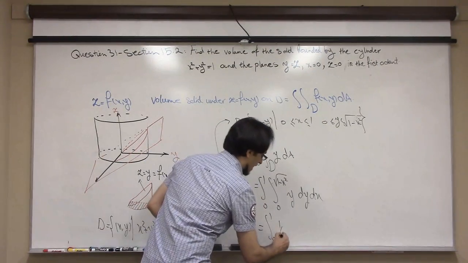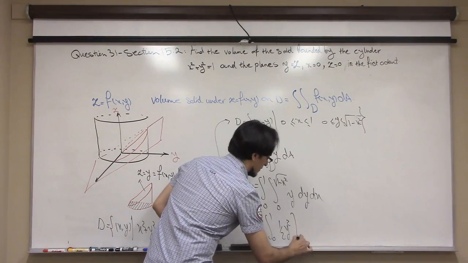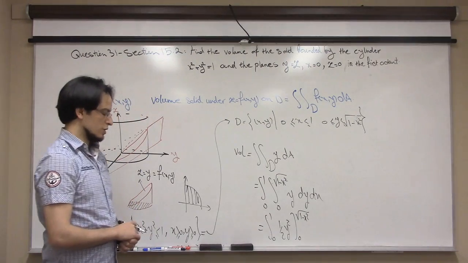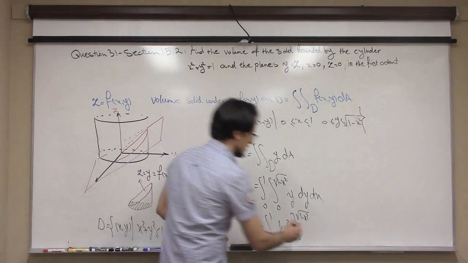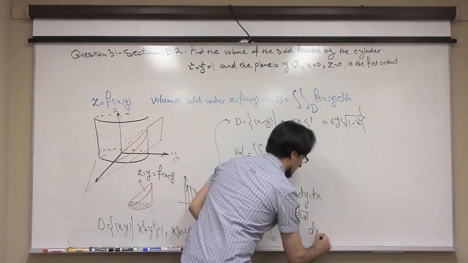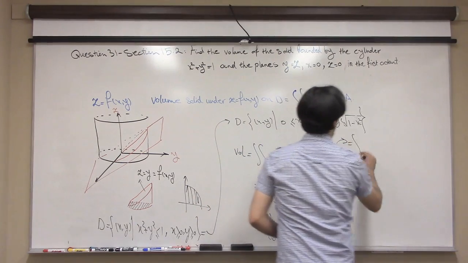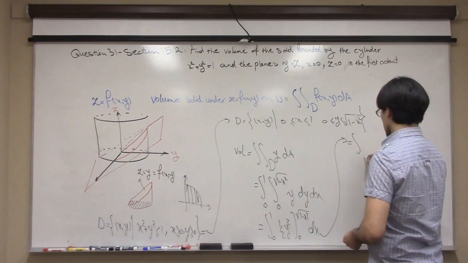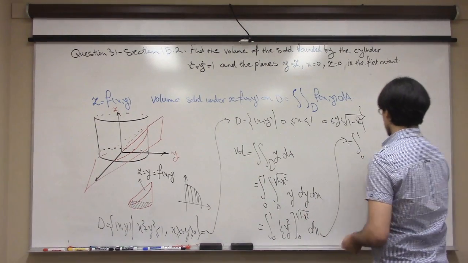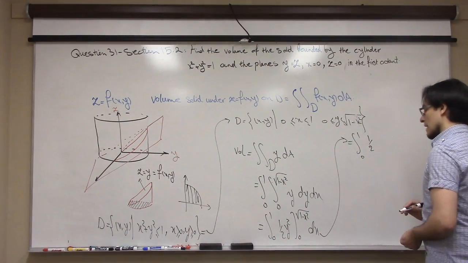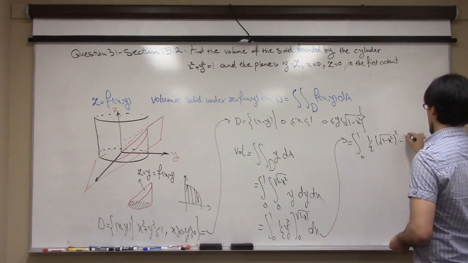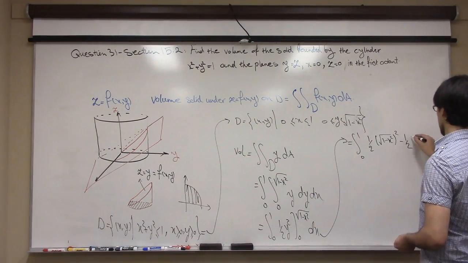The inner one is half of y squared, with boundaries 0 to the square root of 1 minus x squared, dx. Now I can use the fundamental theorem of calculus: plug the upper boundary into the antiderivative, minus plug in the lower boundary.